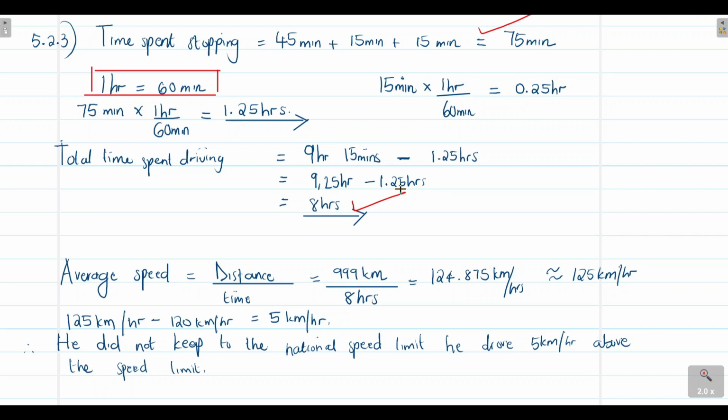You'll get 1 mark for substituting the distance and the time into your equation. You'll get 1 mark for getting the average speed, 125 kilometers per hour. And you'll get a final mark for the final conclusion that he did not keep to the national speed limit. He drove 5 kilometers per hour above the speed limit.